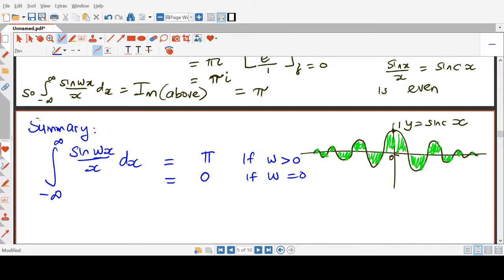Remember, it's not the x that's 0, it's omega that's 0. And in the instance when omega is negative, sine of the negative x is minus sine x. So in the case of negative omega, this would be minus pi. So that's how the integral of sine x over x behaves: pi or minus pi or 0.